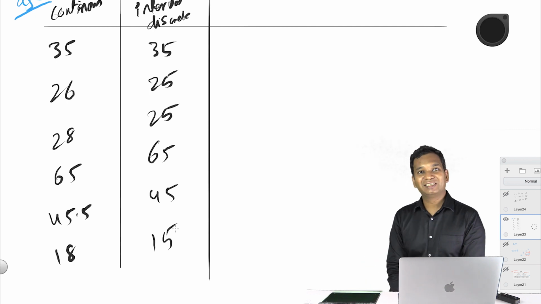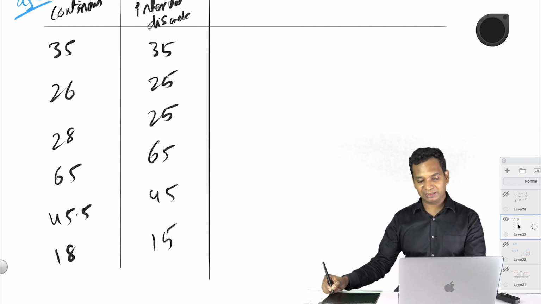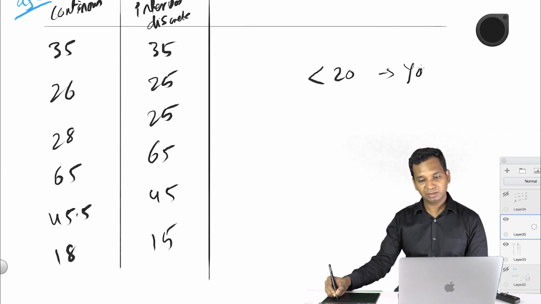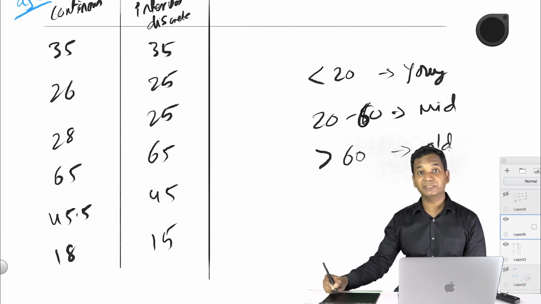The next question, can you make it categorical data, which is, let's say, ordinal? Well, you can do that. You just need to define certain rules, saying that anyone below 20 is called a kid, or the category is young, and then between 20 to 50 is mid, or maybe put 60, and above 60 is old.